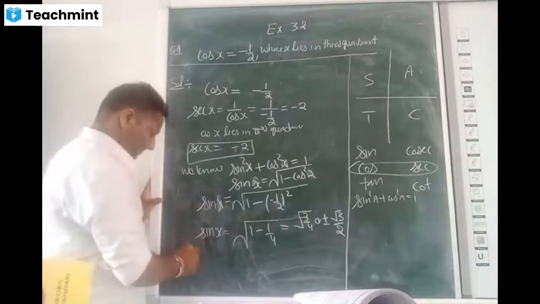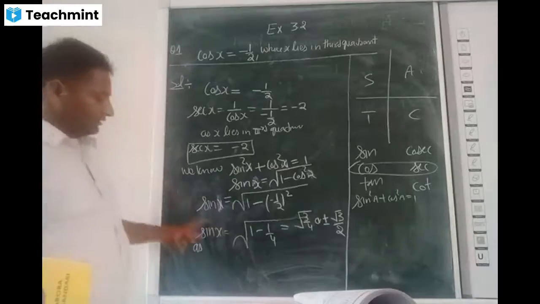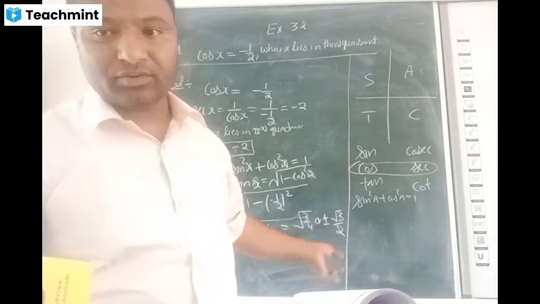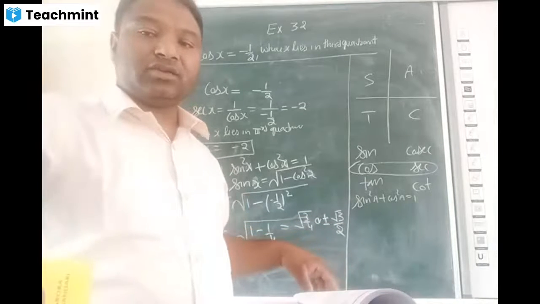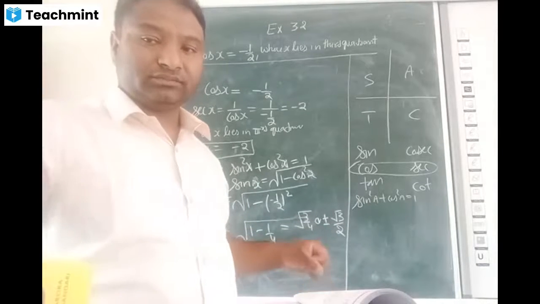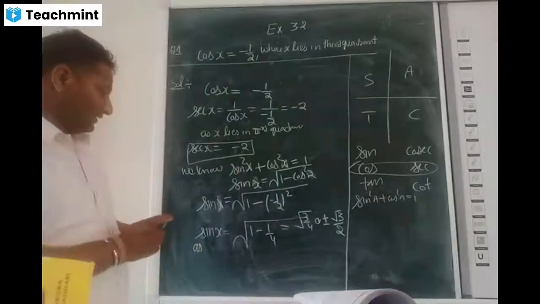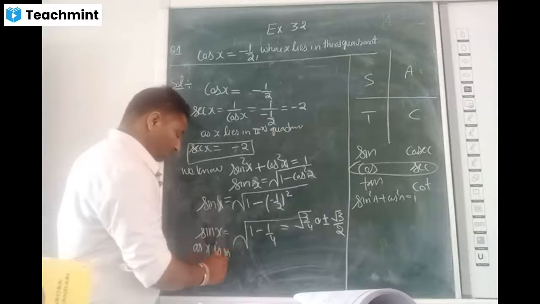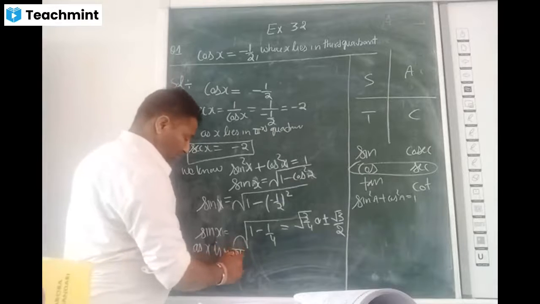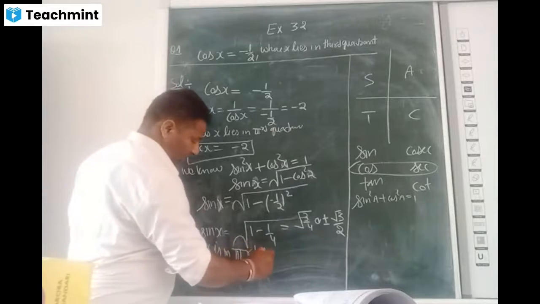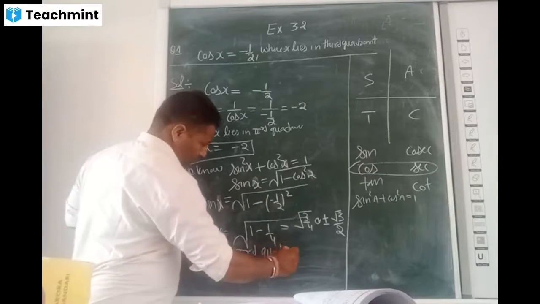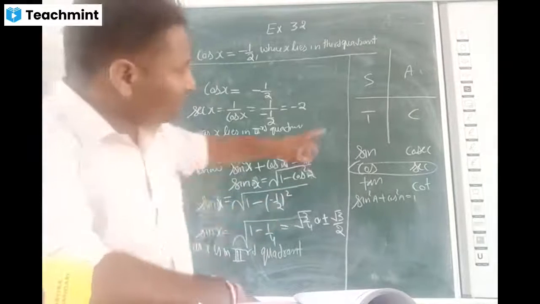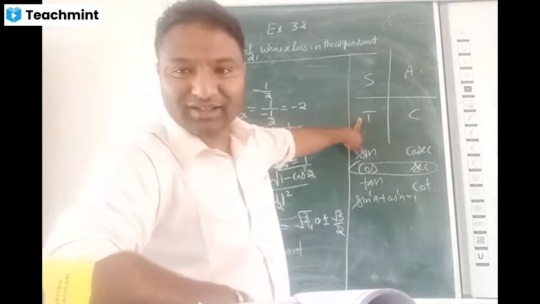As sine x is given two values, one is plus root 3 upon 2, and one is minus root 3 upon 2, right? But as x is in the third quadrant, in the third quadrant means here.